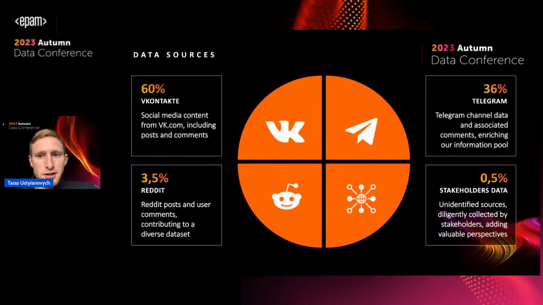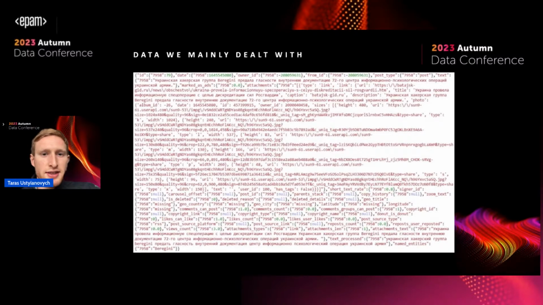So data sources, it's mainly social media and instant messaging platforms. We also got some data from the stakeholders, which we cannot identify. And here I'm going to show you what the data looks like from specific social media. It's mainly JSON, but what's special about this JSON is that it has many useful attributes, not just the text, but also number of likes, number of shares, comments, and geolocation.